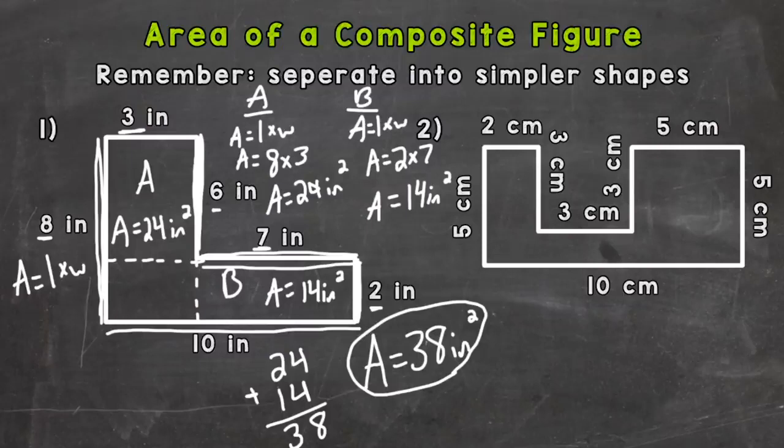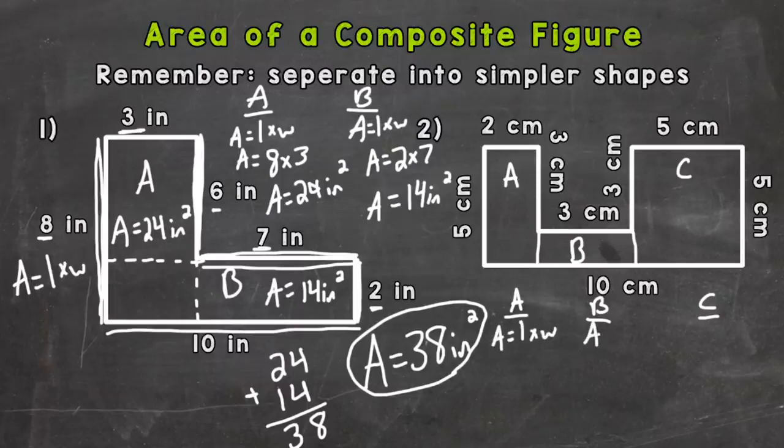Now for this one, I'm going to separate it into 3 simpler shapes. I have 2 rectangles and a square, and I'm going to name them A, B, and C. So let's find the area of these 3. Area equals length times width.